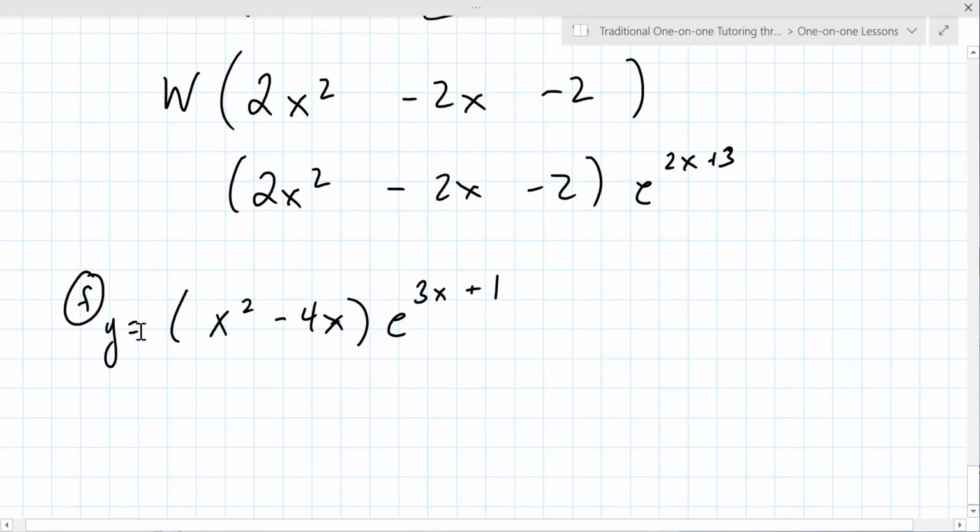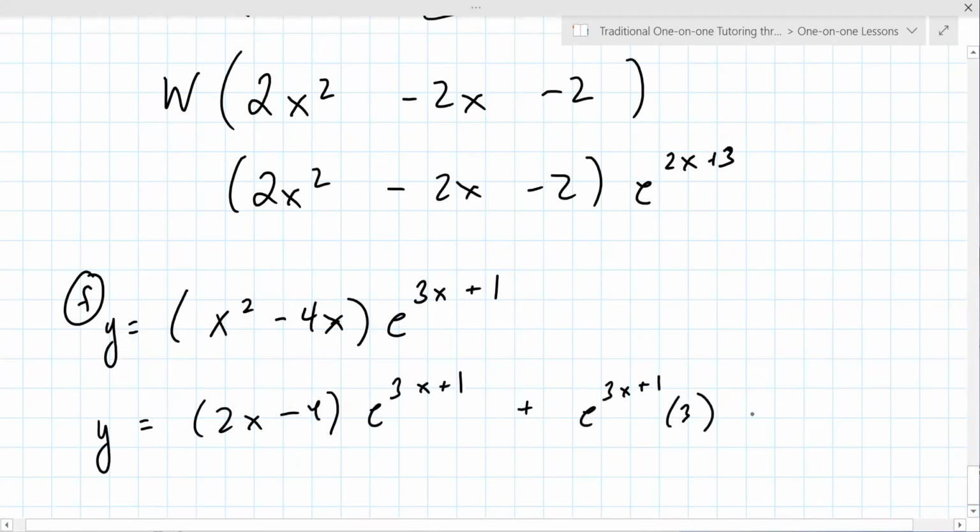So this would be product rule. So you would do 2x minus 4 times e to the 3x plus 1, plus e to the 3x plus 1 times 3 times x squared minus 4x.